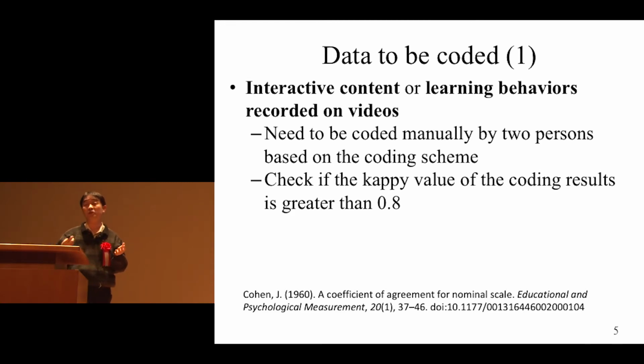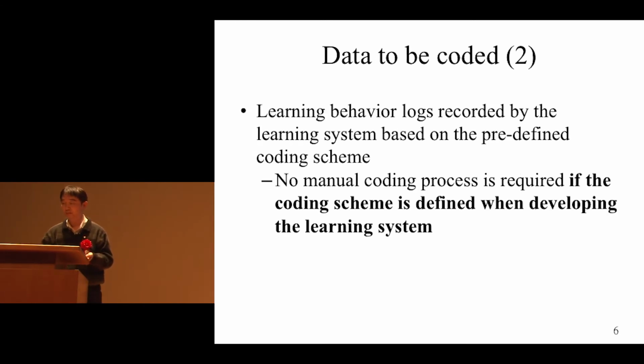That means if the 2 coders have consistent coding of the learning content or interactive content. If the coding scheme is embedded in the learning system or in the game, then of course we don't need to code the behavior or content manually.